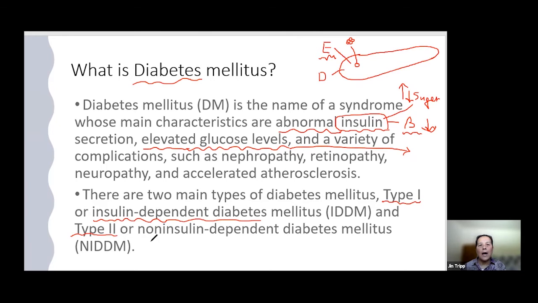So these kinds of patients may just have some trouble with blood sugar. They may not necessarily need to inject insulin. So that's why they say non-insulin dependent diabetes. But they still need treatment, and severe cases still cause other symptoms and disorders.